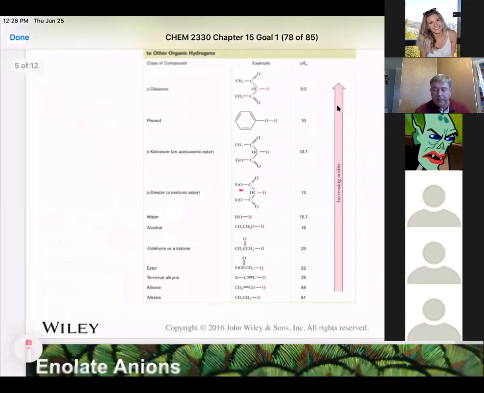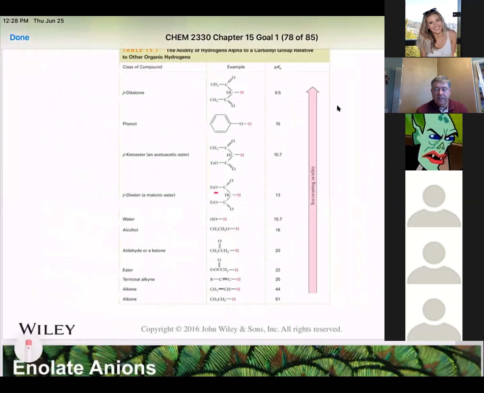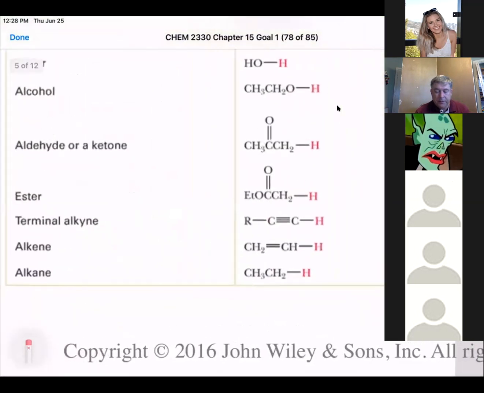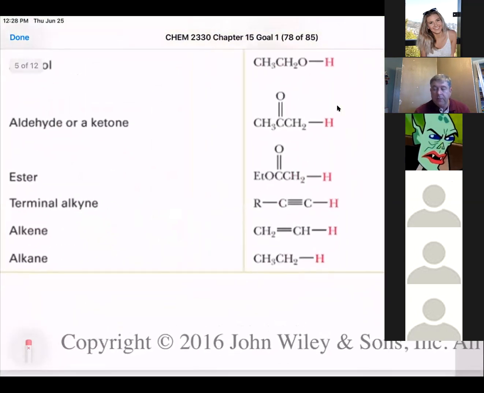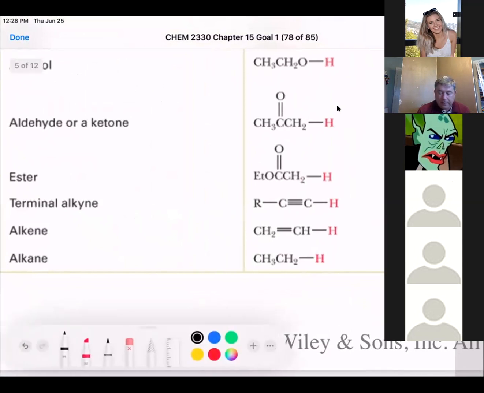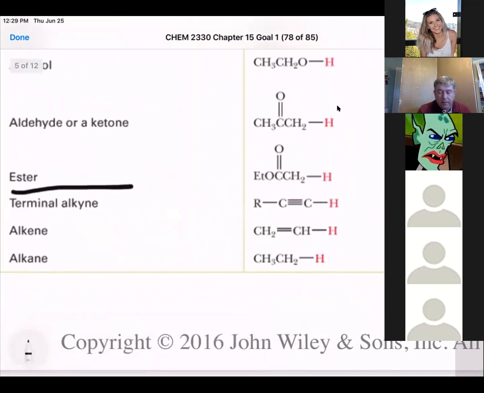All right. So if we look at this, this is our full table of acidities and things. I'm going to blow it up so we can look at just the bottom two. These are the least acidic substrates that we can generate enolate ions on, okay? And so the key here was that this is the first place we can do it, right here.